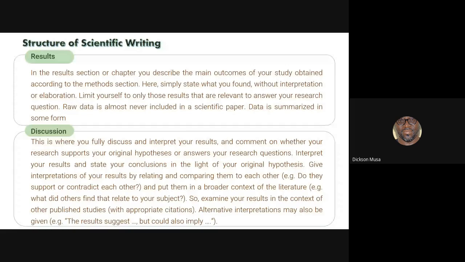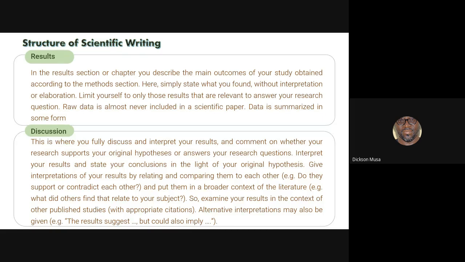Your discussion should be based on your objectives, your research questions, and your hypothesis. You don't go and discuss something that is not relevant to your stated objectives or hypothesis. So it must be in line with it. So you give interpretation of your results by relating and comparing them to each other.